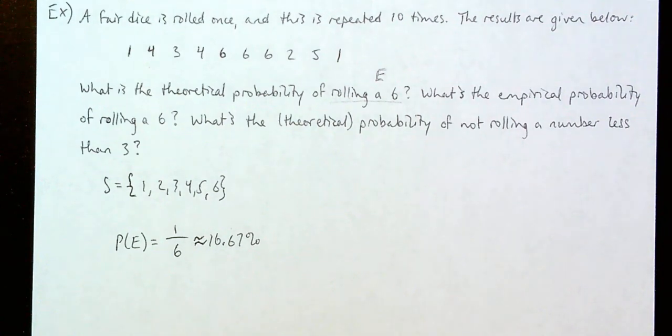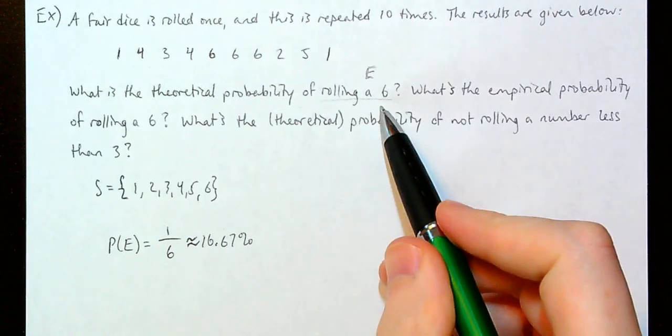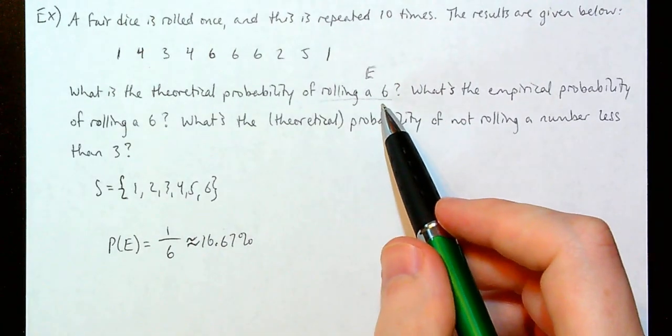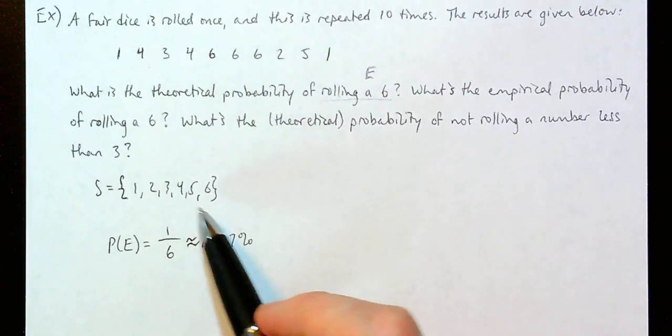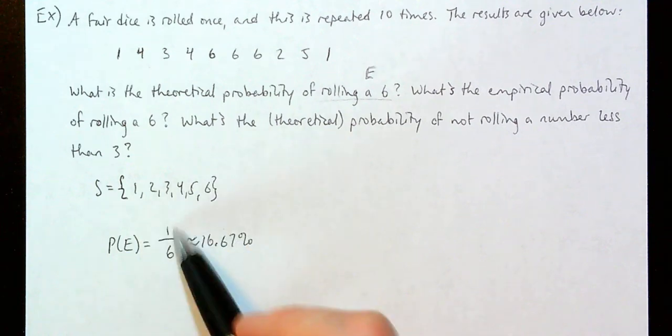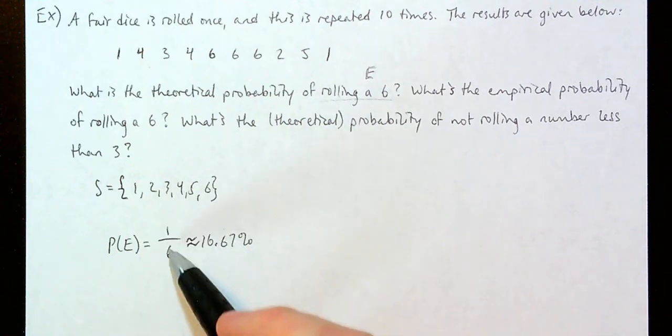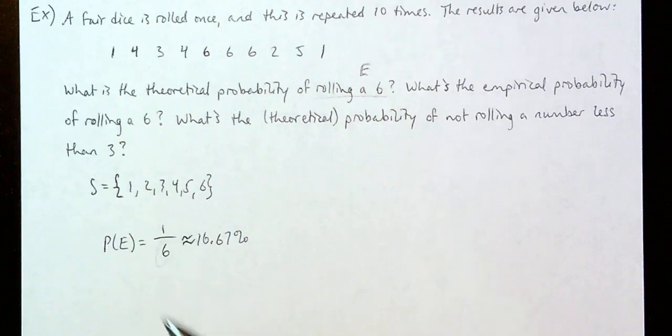This is just our basic knowledge of, okay, it's equally likely to get any one of those 6 numbers. There's only one number that we're looking for in our event. It's a 6, and there are 6 possibilities. So one outcome that we want in our event divided by the number of possibilities, which is 6.